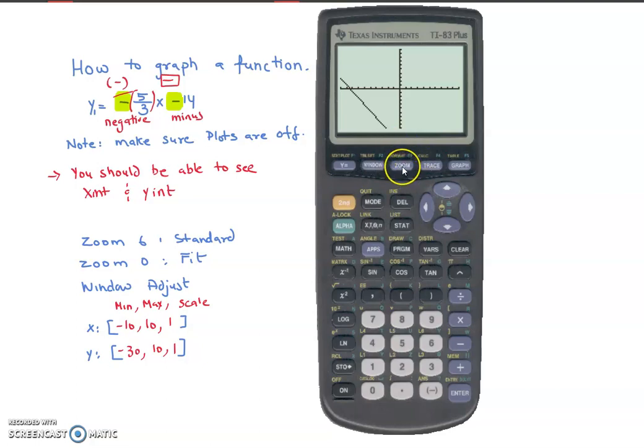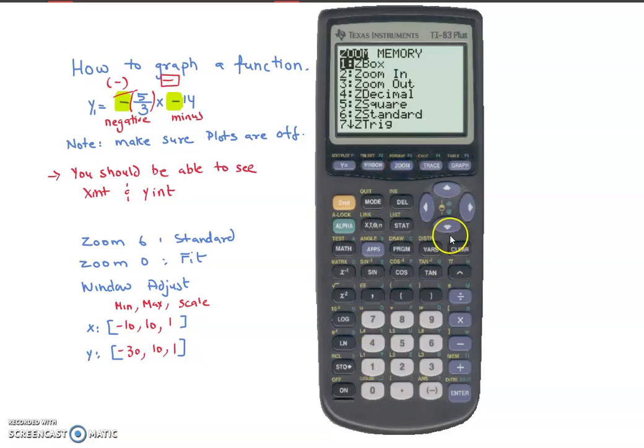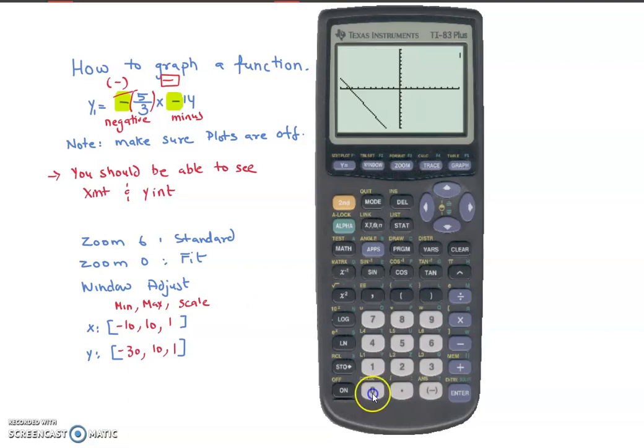If you run into that case, you can go under zoom 0. You can scroll down, or simply press zoom and then 0. What this will do is give the calculator the time to adjust the window for you. It did a pretty good job. It's actually pretty decent. I can see my X and my Y intercept.